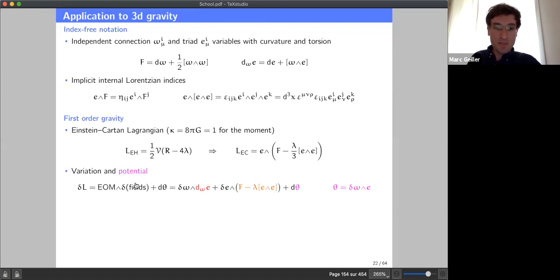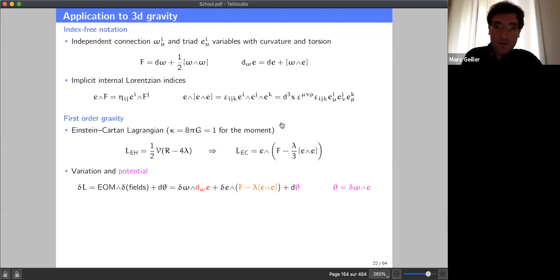So if we do this explicitly with the Einstein-Cartan Lagrangian, we identify delta of omega wedge the torsion, the omega of E, plus delta of E wedge a curvature term, F minus lambda E wedge E. And of course, we get the boundary term, which identifies the symplectic potential theta.